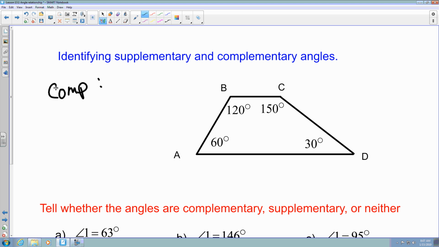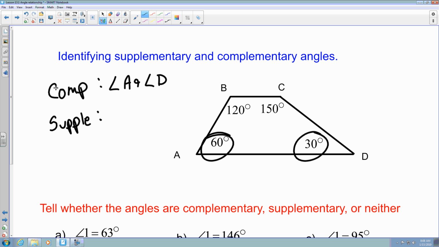Complementary are any two angles that add up to 90 degrees. First off, I can see I have 60 and I have 30. 60 plus 30 gives me 90. So I know that angle A and angle D are complementary angles because they add up to 90 degrees.